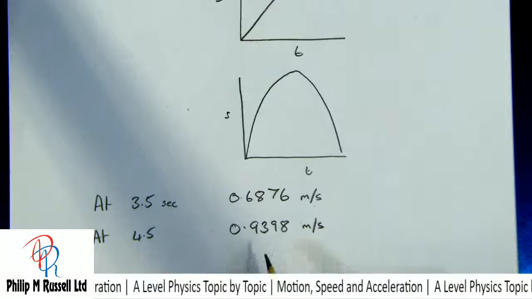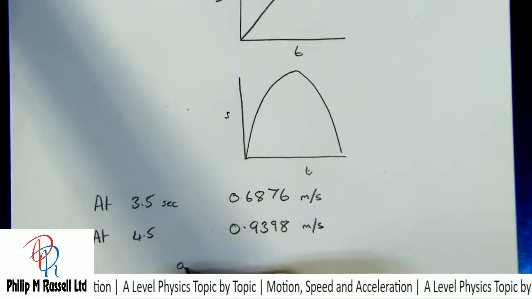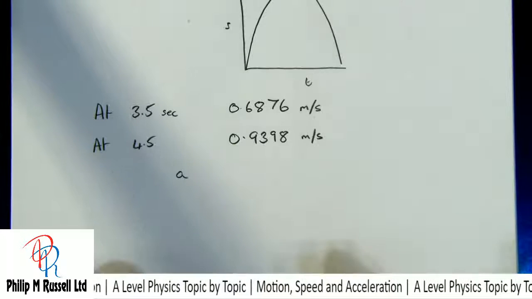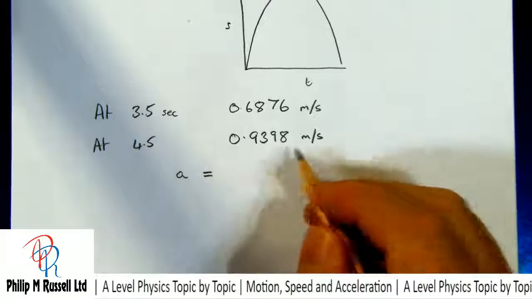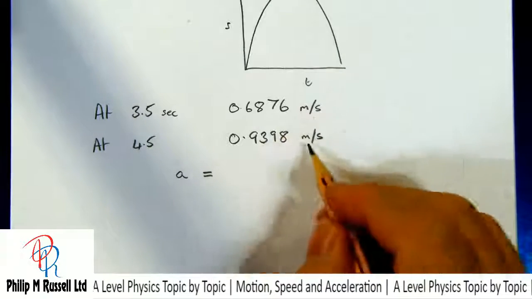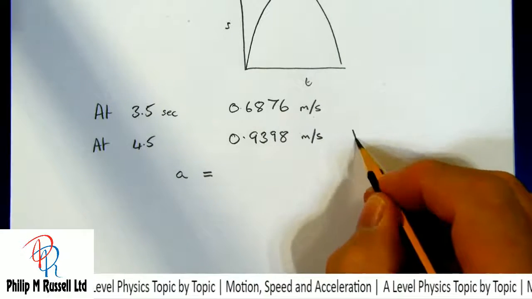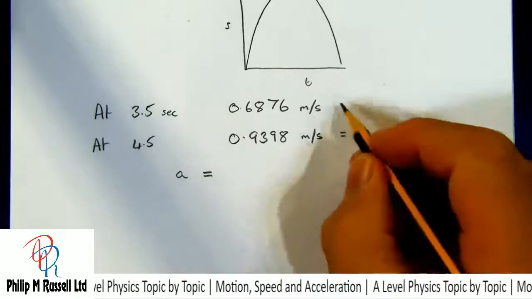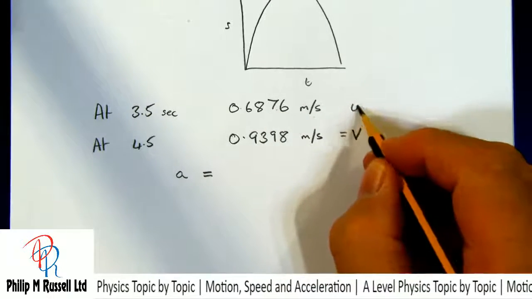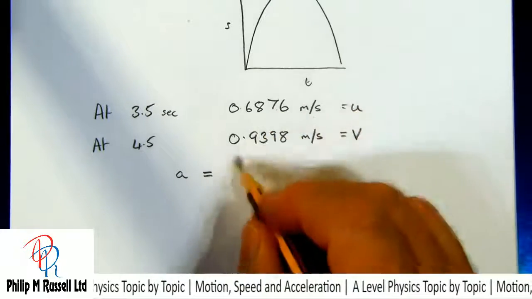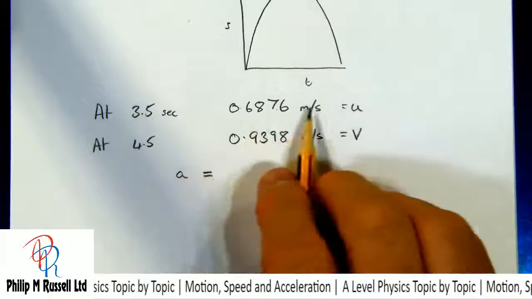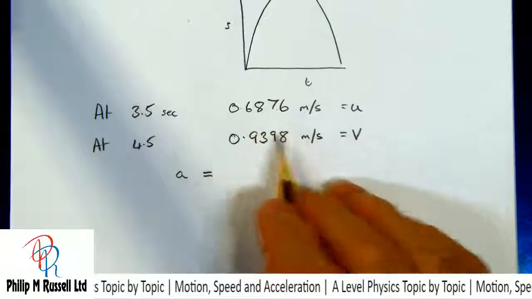So if I look at my formula, my acceleration here is going to equal my change in velocity. So I've got my final velocity, which we're going to label V, and my initial velocity here, which I've set at U. And I've done it where we've got a constant amount of acceleration.